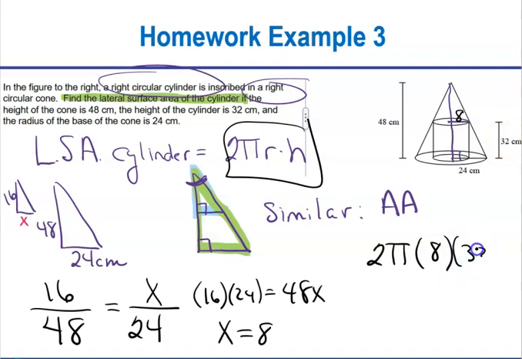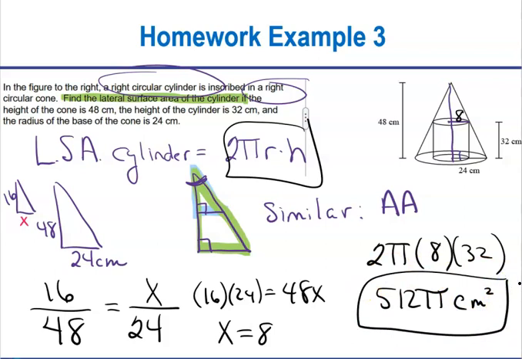So that's going to be 16 times 32. Stand by. That gives me 512 pi. Notice I've ignored units, but we know this is area. We're dealing with centimeters, so this is centimeters squared. Again, the lateral surface area of this cylinder is 512 pi centimeters squared.